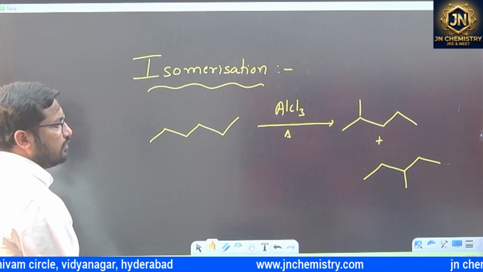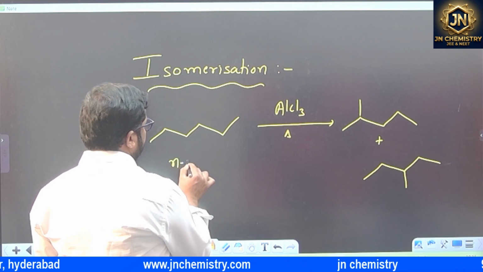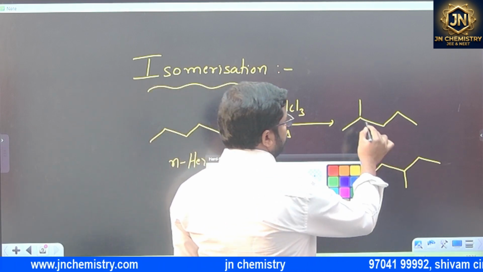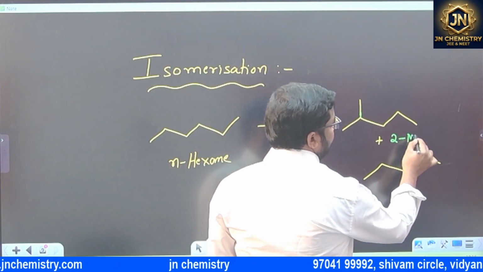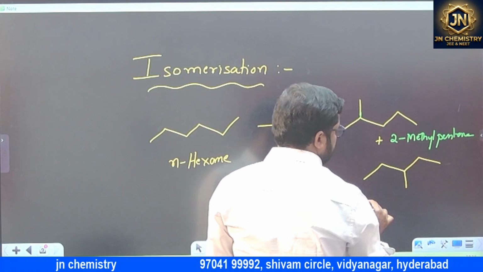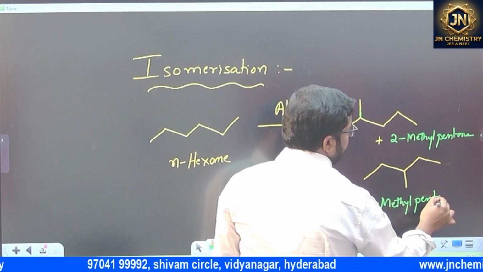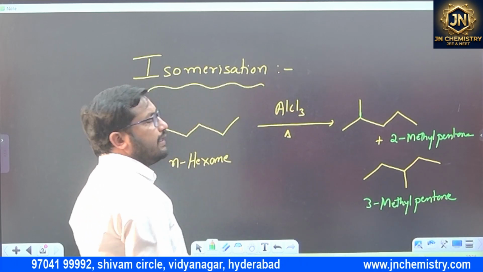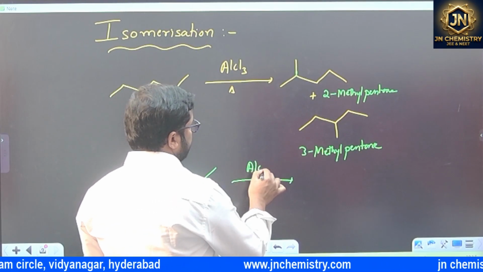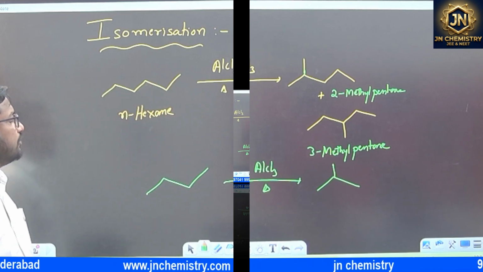So write it down. Isomerization. n-hexane this is. This is 2-methyl pentane. This is 3-methyl pentane. For example, with AlCl3, like this we can get isobutane from n-butane.